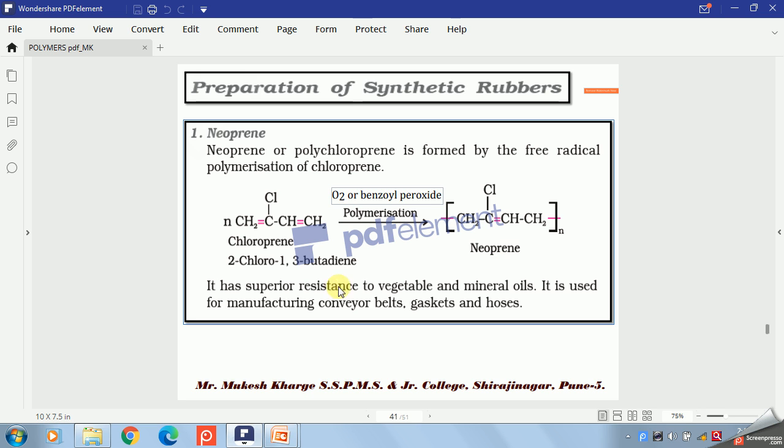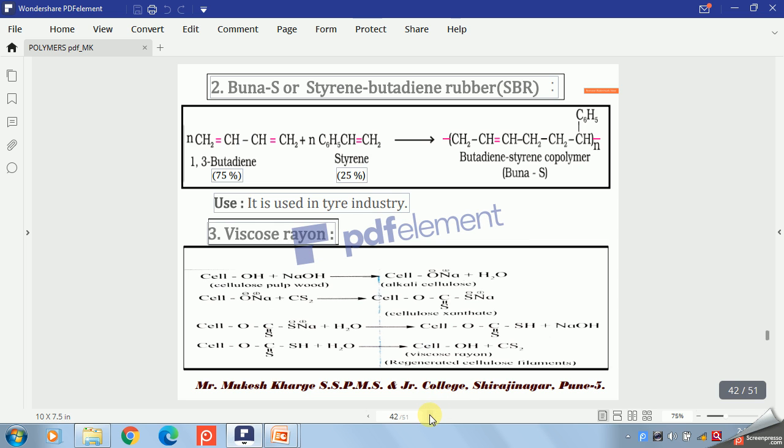And what are the properties of this neoprene? It has superior resistance to vegetable and mineral oil, and that's why it is used for manufacture of conveyor belts, gaskets and hoses. Then the second type of synthetic polymer is Buna S, also known as styrene butadiene rubber, or SBR rubber.